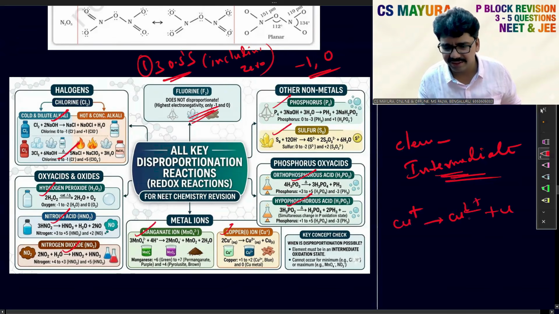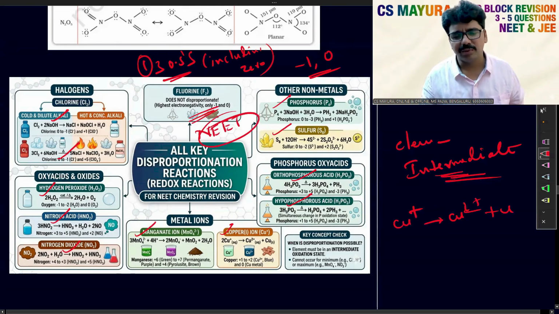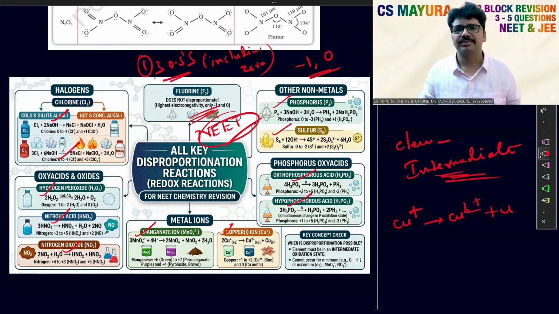This is a disproportionation reaction. So these are all the possible disproportionation redox reactions related to our syllabus, as per NCERT and the NEET syllabus. I hope it is clear for everyone.